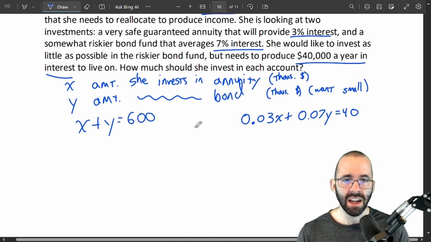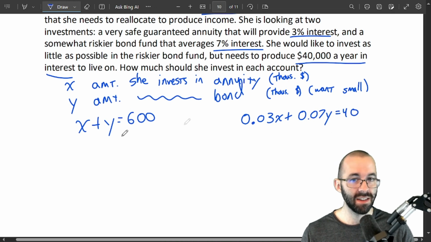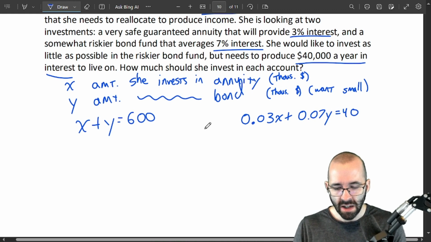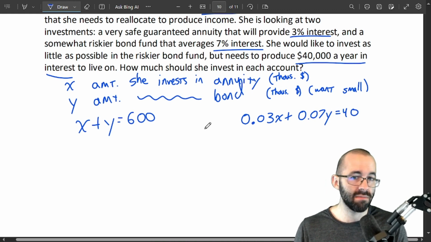You could. And in fact, if you did that, you'd multiply this one by like 100, and this one by -3 would work, or -7. We haven't done a lot of substitution method in these videos, so let's use that. Solve for one of the variables in one of the equations.